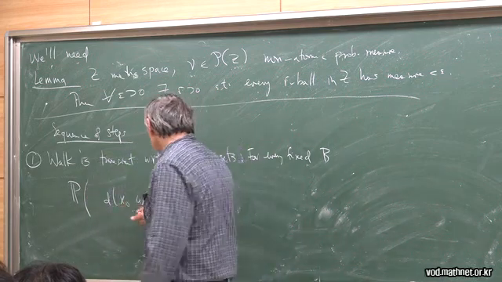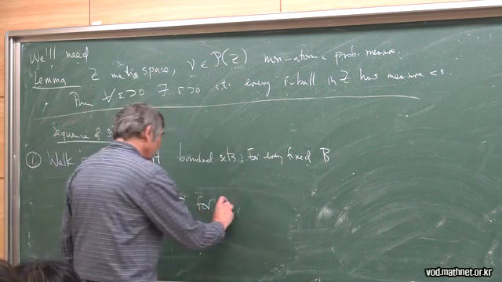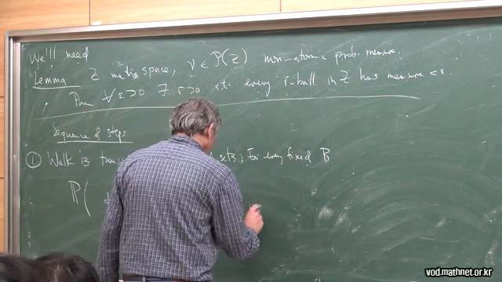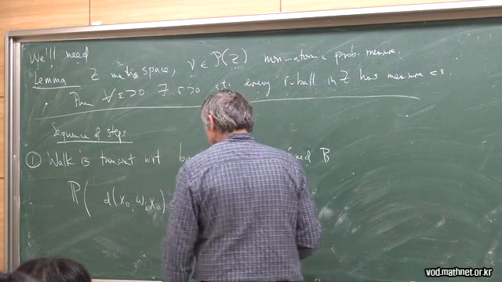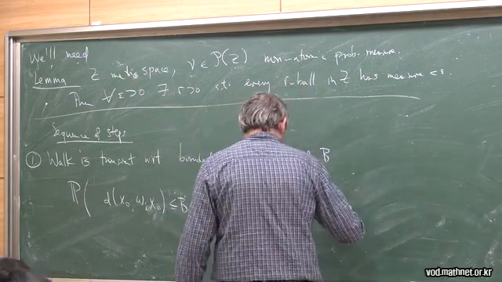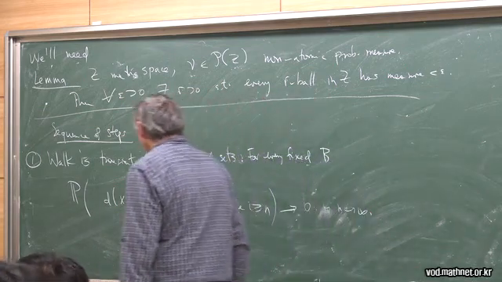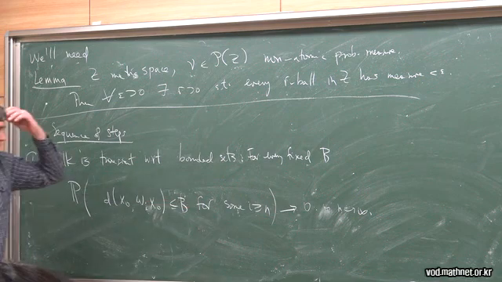Okay, so the probability that this happens for some i greater than or equal to n goes to 0 as n goes to infinity. Okay, so you kind of have to pause and see what this means.